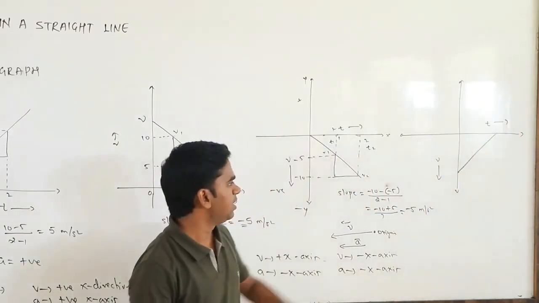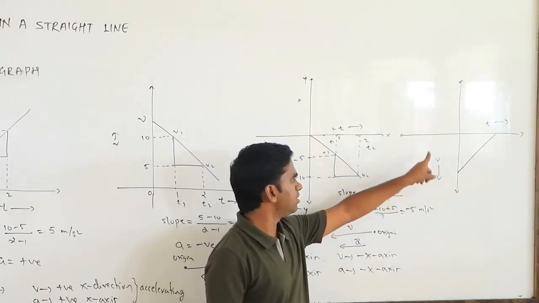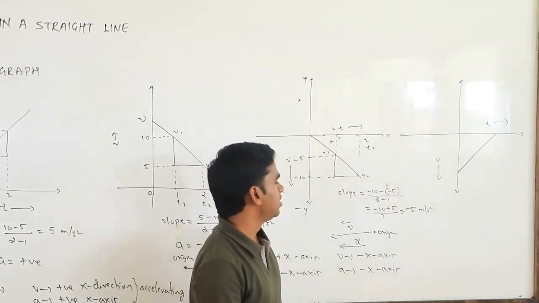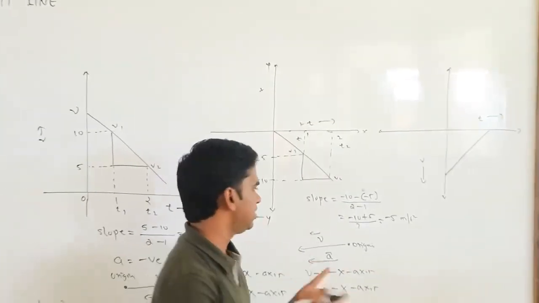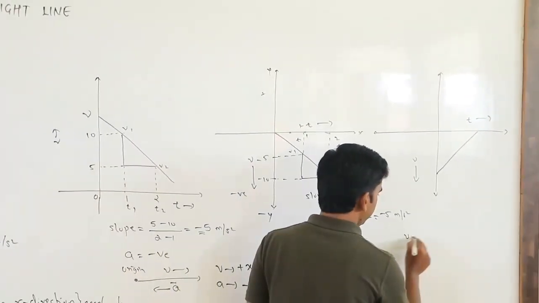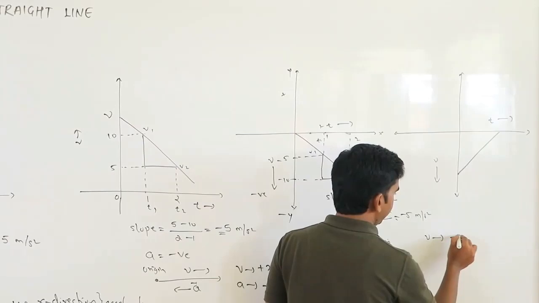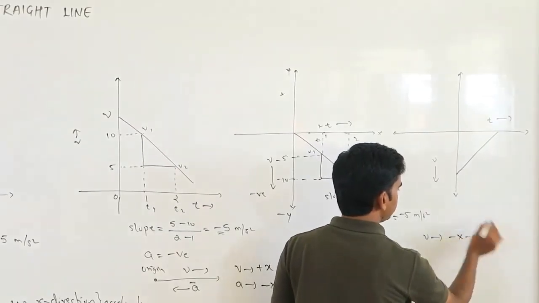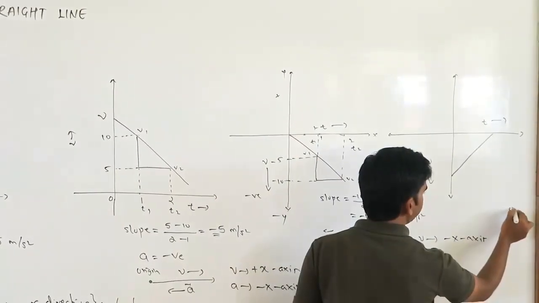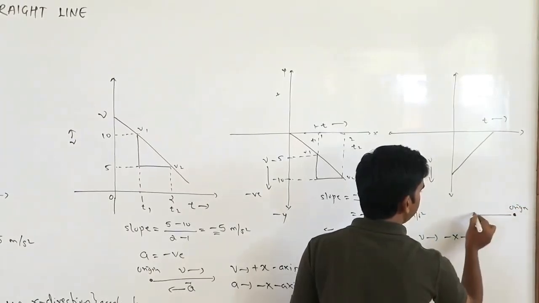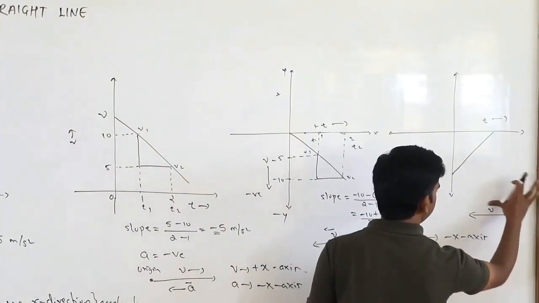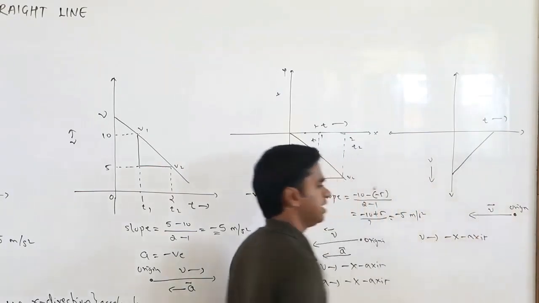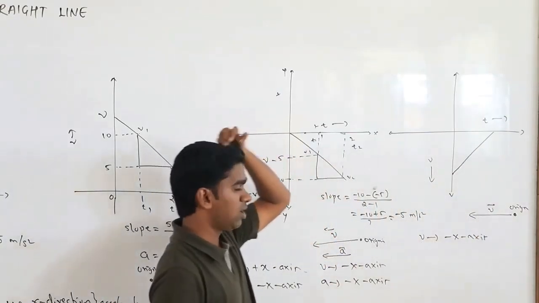So what is the direction of velocity? If this is the origin, V is along the negative x axis. Now, what about A?